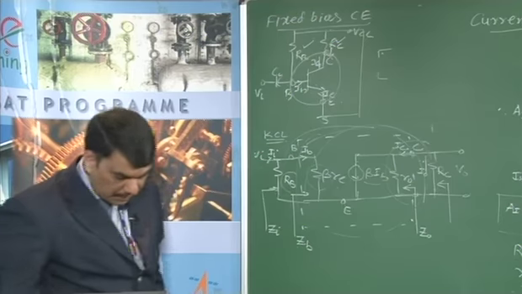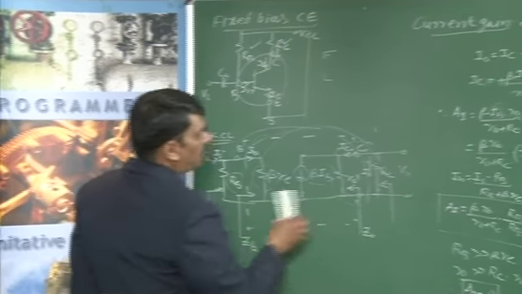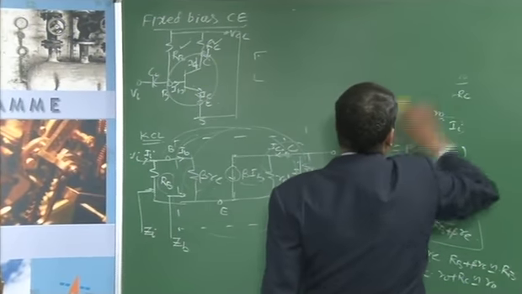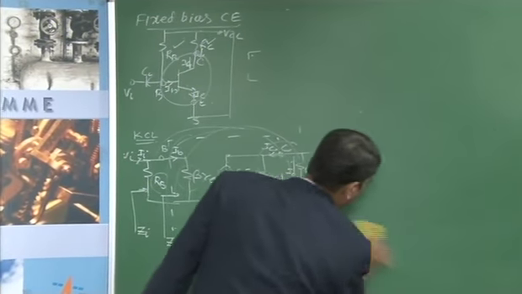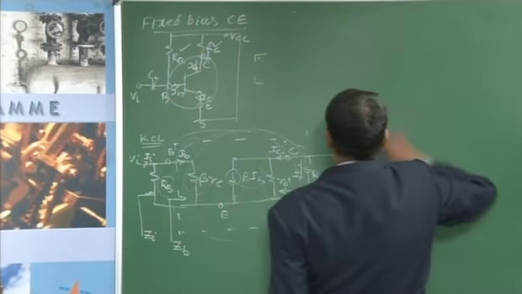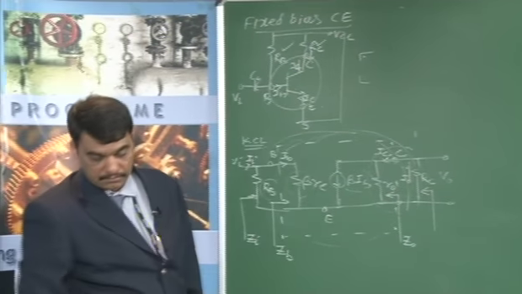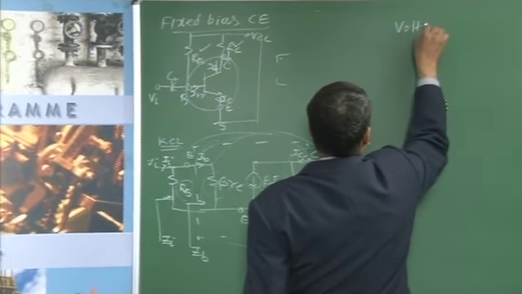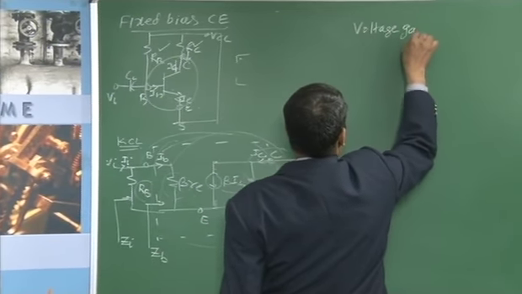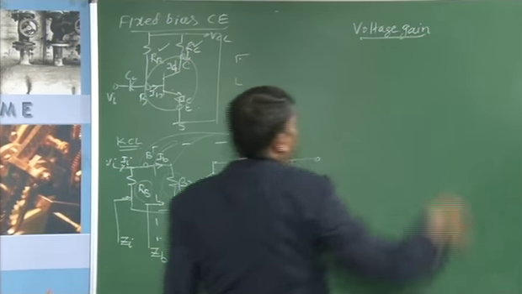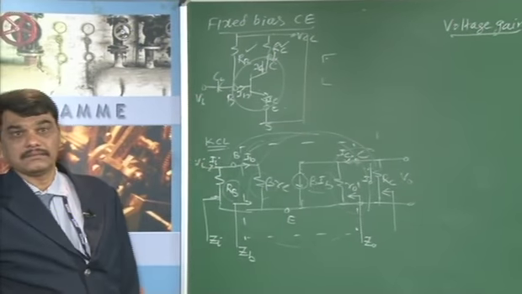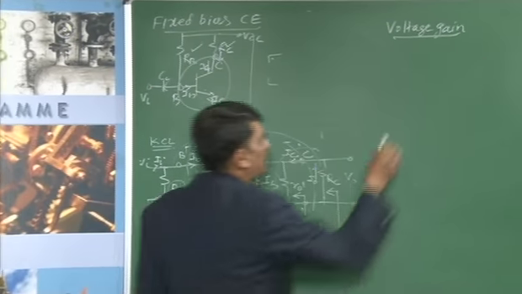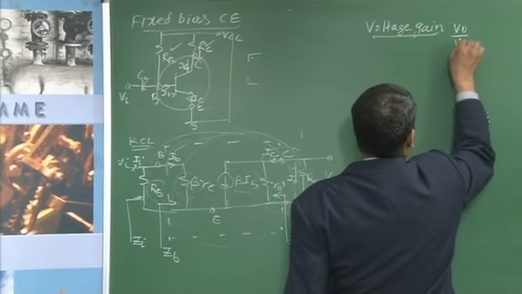Next is to determine the voltage gain. The voltage gain of a transistor is given by V0 by Vi.